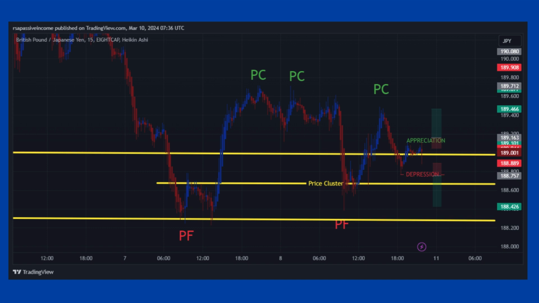You can see the market went up, created price clutter to the upward movement, went down, created price clutter to the downward movement. So it's gonna take both sides.